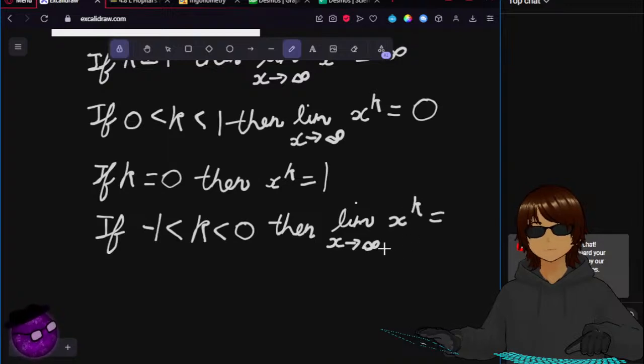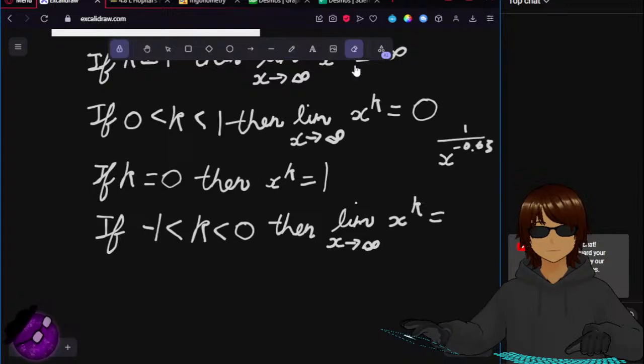It becomes 1 over x, right? So if it's like minus 0.05, that's the same as saying 1 over x to the power of 0.05. Wait a minute.